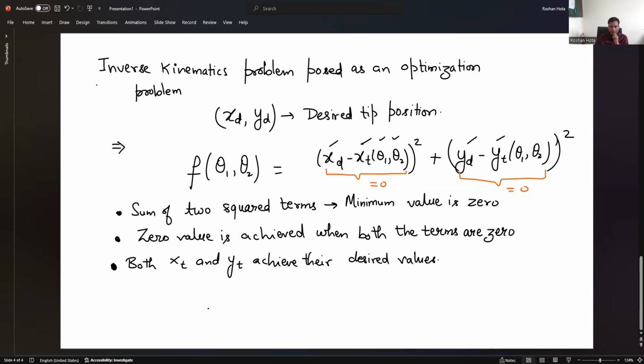What we have here is a nonlinear objective function in two variables.